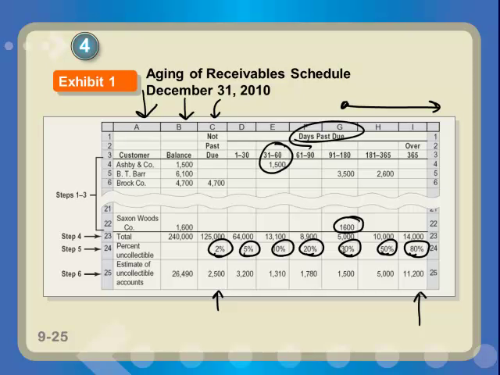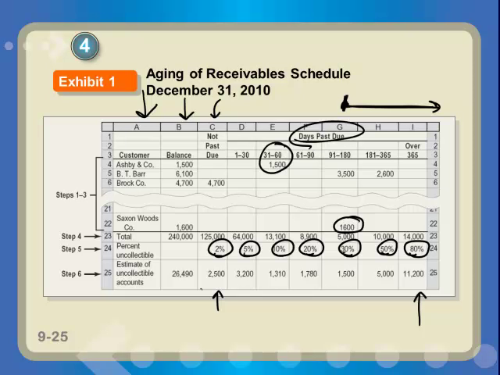You can get those numbers by demographics, looking at the past history of the company. You would look historically and see what happened, and that's how you would get those numbers. So that's how this company did it. Each company is going to be different. Like I said, we could just say anybody from here on out is not going to pay, or we could do the percentages.